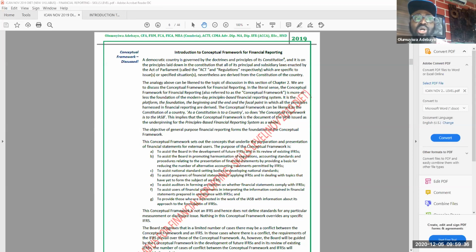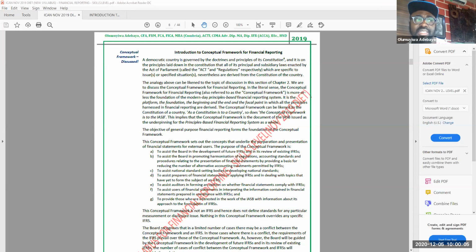This is also appreciated by users of financial statements because it gives them leverage to have a better understanding of the principles of financial reporting. And it has assisted over time in ensuring that information contained in financial statements is understood based on the principles of the framework.